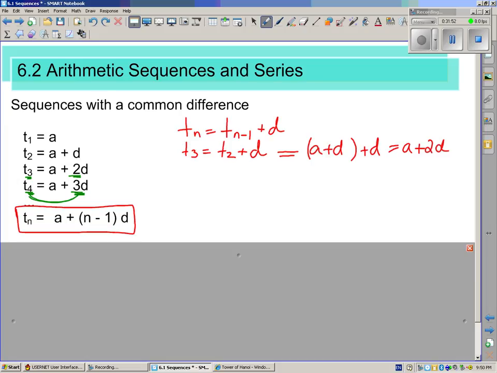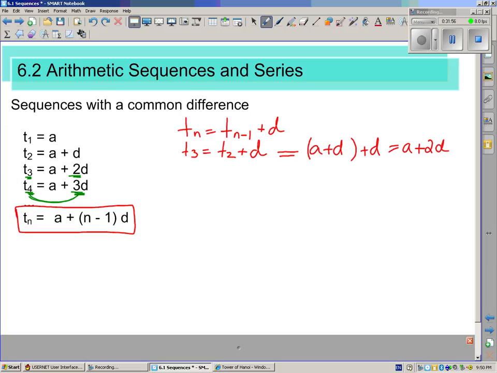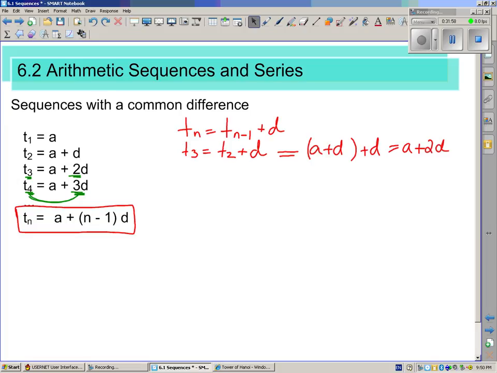We need to know what the formula is. T sub n is the nth term. The term in question that we're looking at.